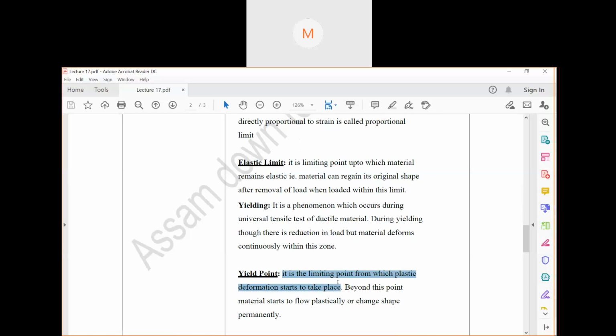Please say, can anyone? Difference between elastic and plastic deformation. Can anyone say what is elastic and what is plastic deformation?